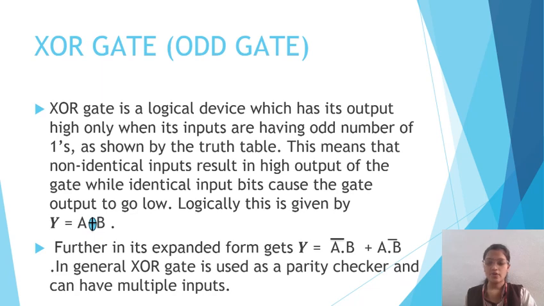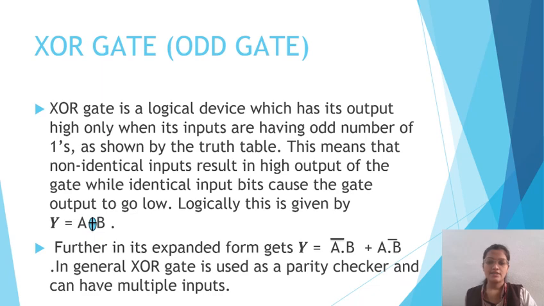XOR gate. XOR gate is also known as odd gate. XOR gate is a logical device which has its output high only when its inputs have an odd number of ones, as shown by the truth table. That is why it is also known as odd gate.